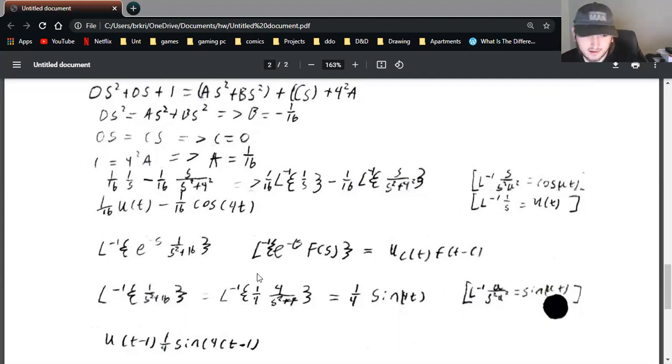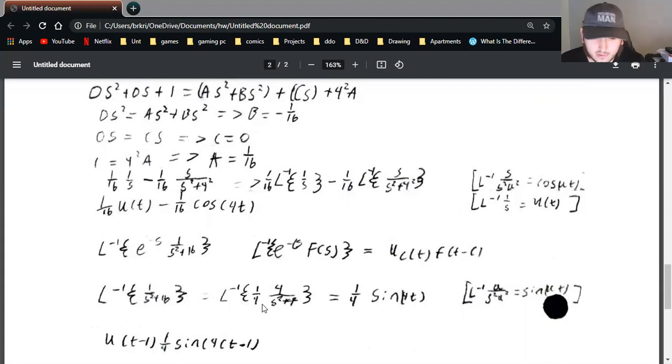Let's first do the function, 1/s squared plus 16, which we can't take the inverse of as it is. To make it doable, we multiply and divide by 4. We're just multiplying by 1, which does nothing.